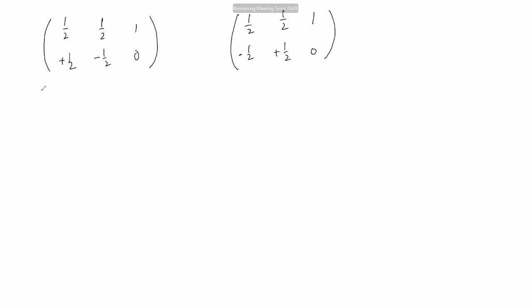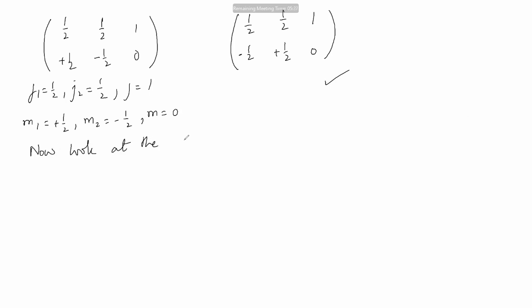This corresponds to J1 equal to half, J2 equal to half, J equal to 1, M1 equal to plus half, M2 equal to minus half, and M equal to 0. Similarly, you can write this with J1, J2, J remaining the same, M1 becoming minus half, and M2 becoming plus half.